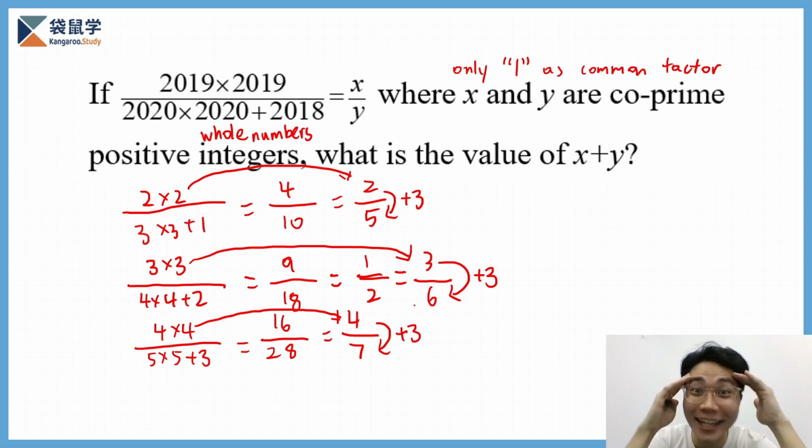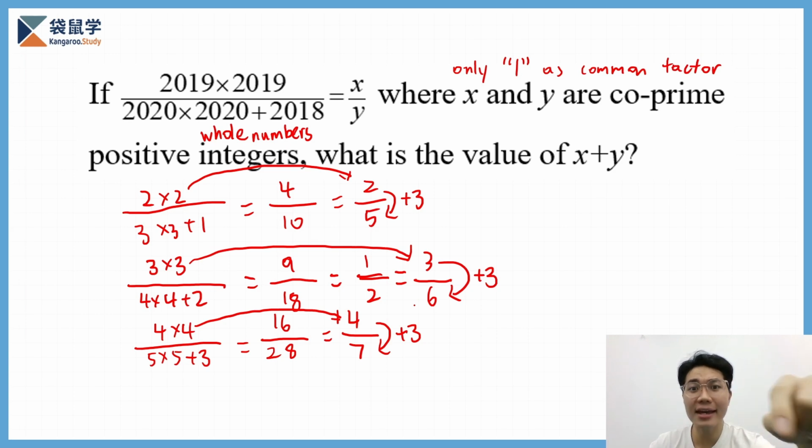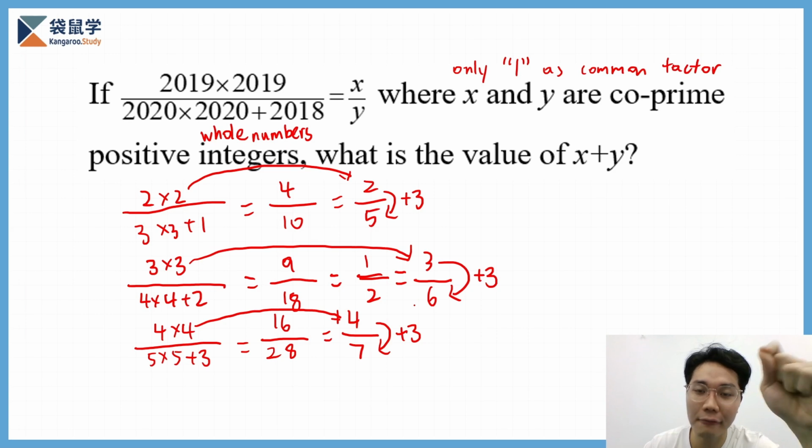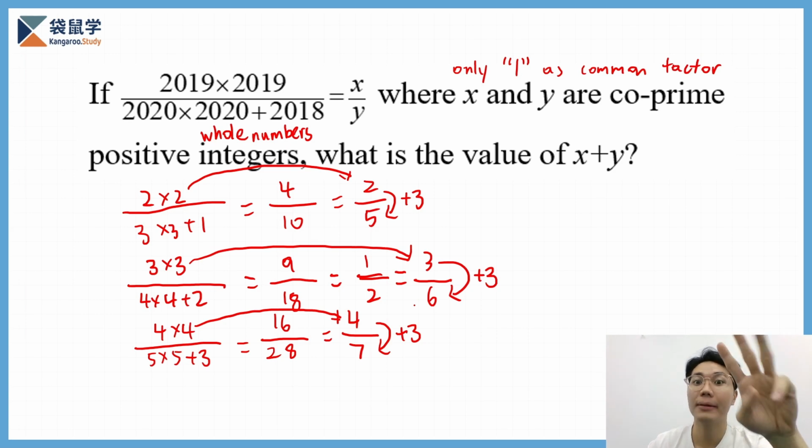Oh, have we figured out the answer? Which means we have already checked 3 times. It means that there is a pattern. The pattern is the numerator will be the same as the first number and the denominator will simply be a plus 3.